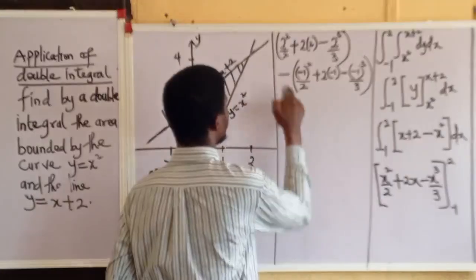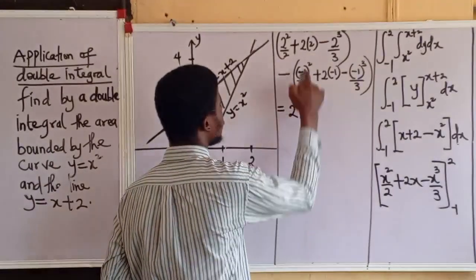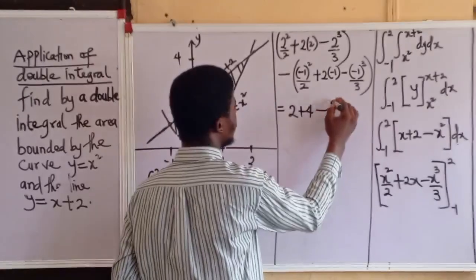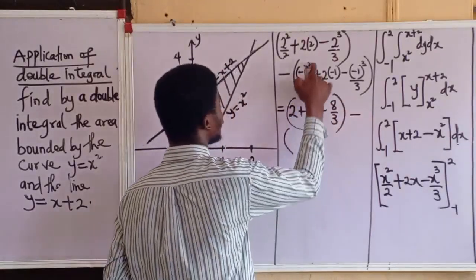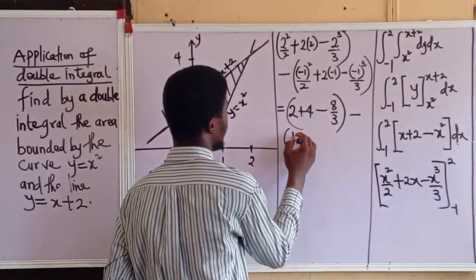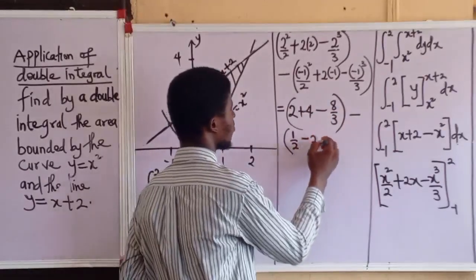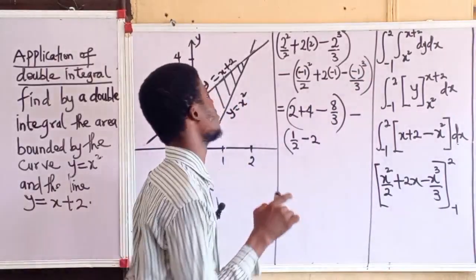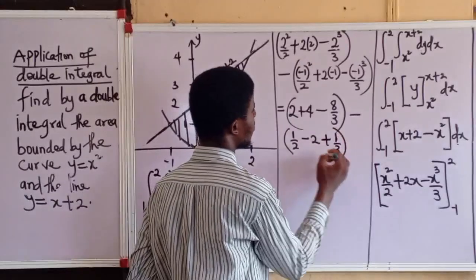And so we have this. 2 squared is 4. 4 over 2 is 2. 2 times 2 is 4. 2 cubed is 8. Minus 1 squared is +1, so we have 1 over 2. 2 times -1 is -2. -1 cubed is -1 times the -1 outside, that will be +1 all over 3.